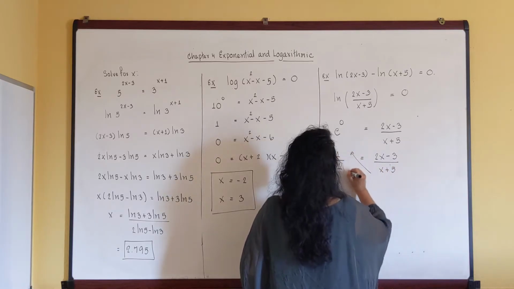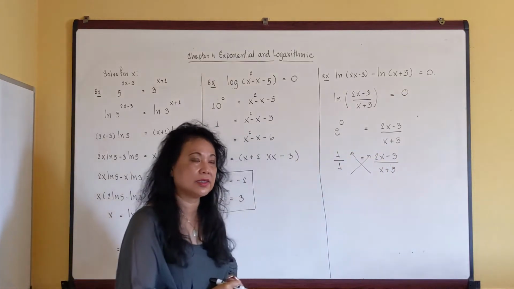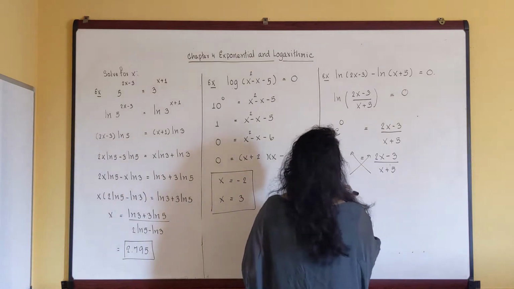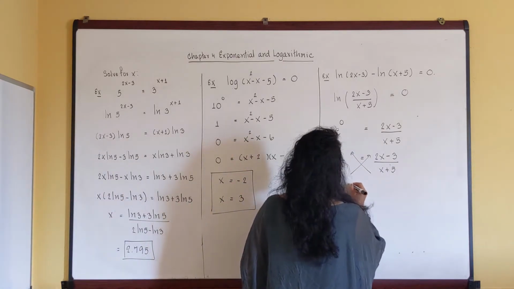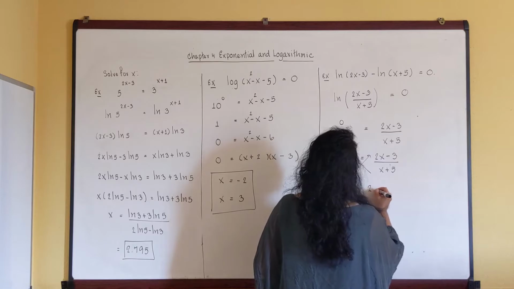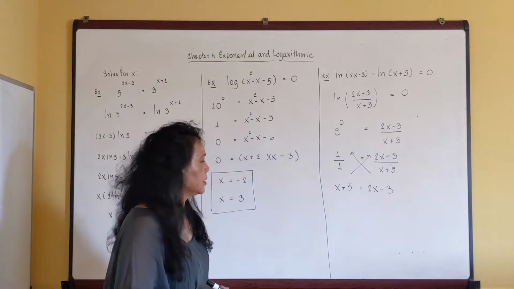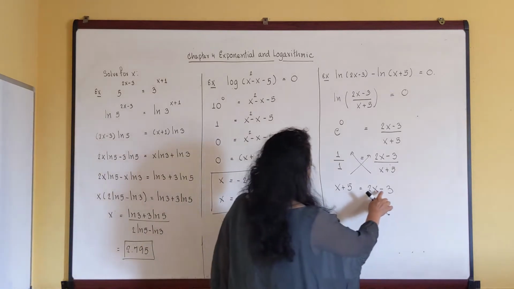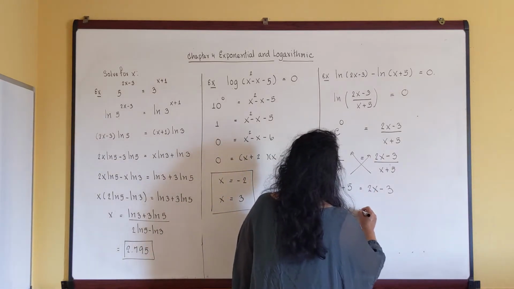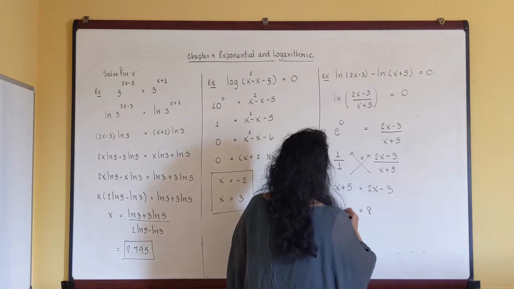I can cross multiply to get rid of the fraction. So I'm going to have x plus 5 is equal to 2x minus 3. Now it's linear, right? I can solve. So let's see, I'm going to have x equal to 8.